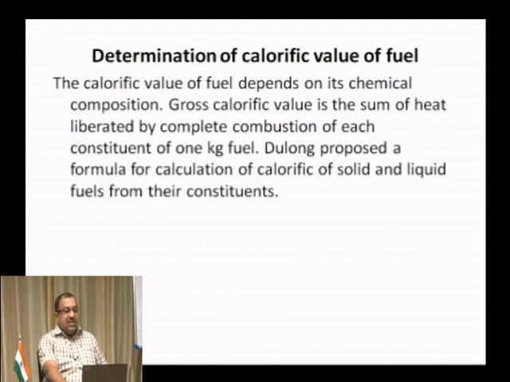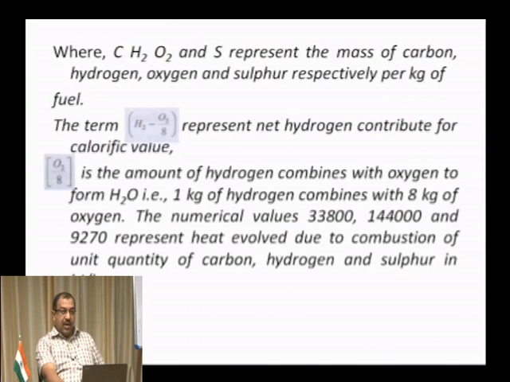Now this formula is used to determine the calorific value of fuel, because it is required to know the complete sum of the heat liberated by complete combustion of each constituent of a particular fuel, where C, H2, O2 and S represent the mass of carbon, hydrogen, oxygen and sulphur respectively present in 1 kg of fuel.